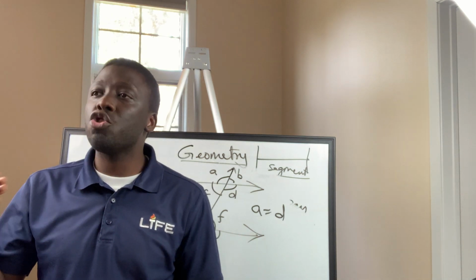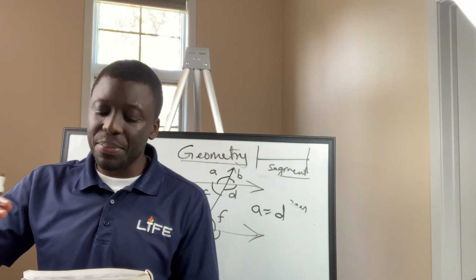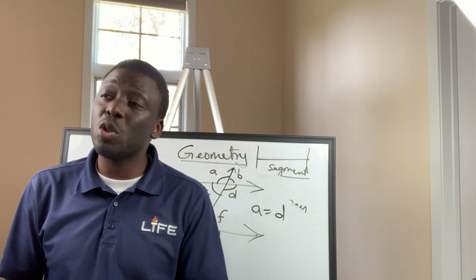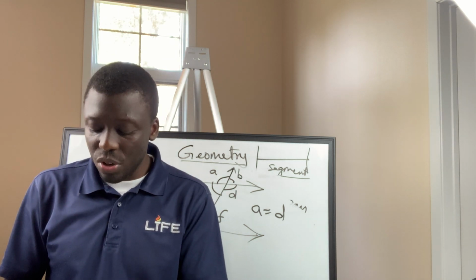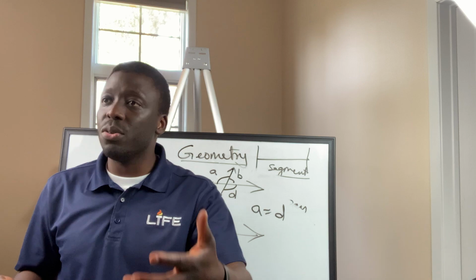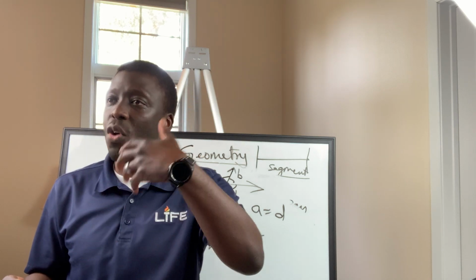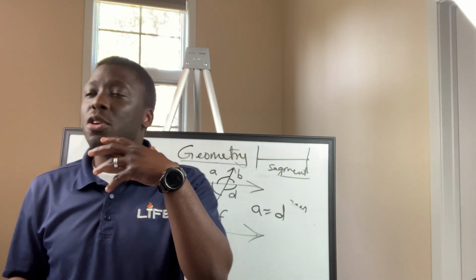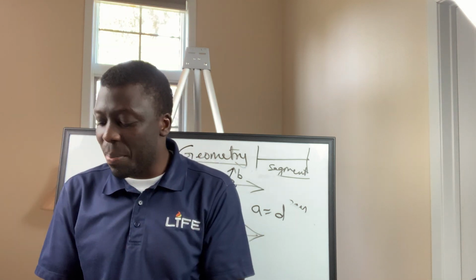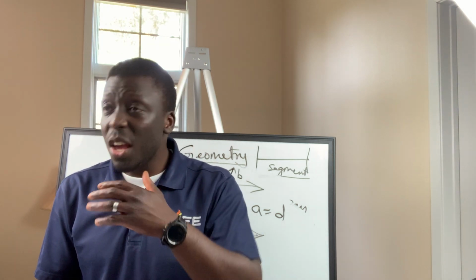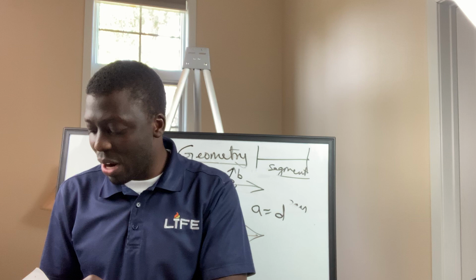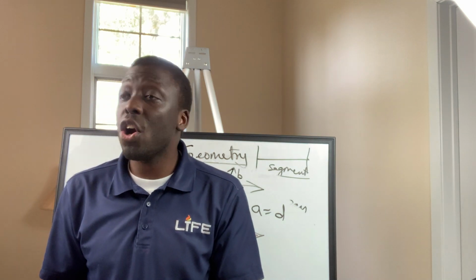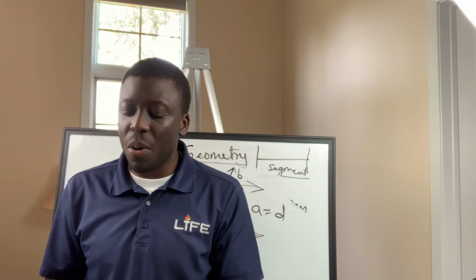You're going to learn about triangles, the different types of triangles and the different relationships between the angles of the triangles. You're going to learn about quadrilaterals, your rectangles, squares, rhombuses, rhombi, sorry. You're going to be learning about similar triangles. You're going to be learning about circles, areas of polygons and circles.